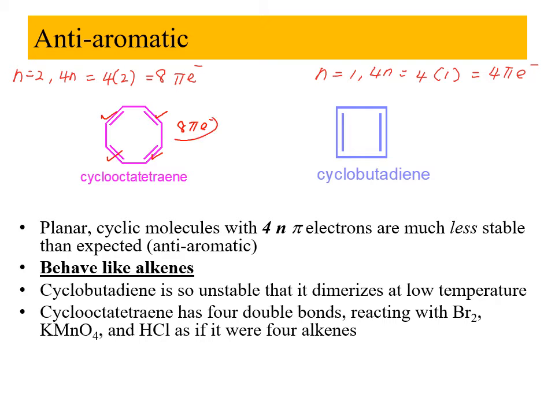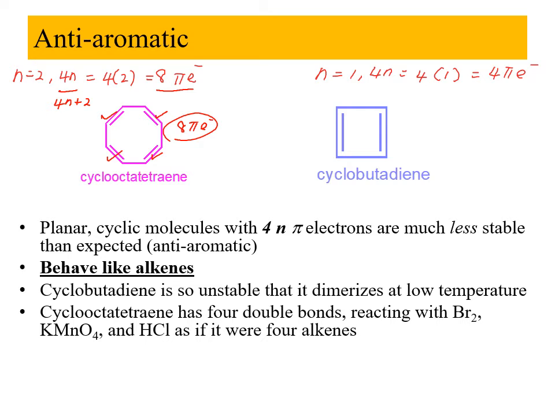To get these 8 pi electrons, we use the formula for n. With n equals 2, you will get 8 pi electrons. So it means that it does not follow 4n plus 2, which is Huckel's rule. So cyclooctatetraene is anti-aromatic.